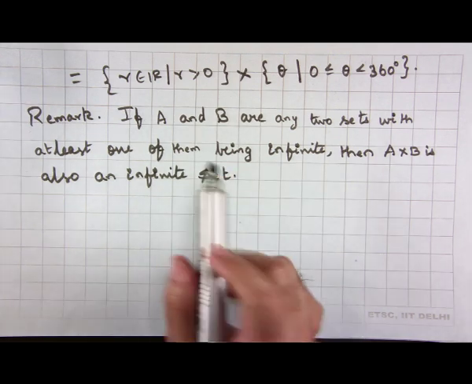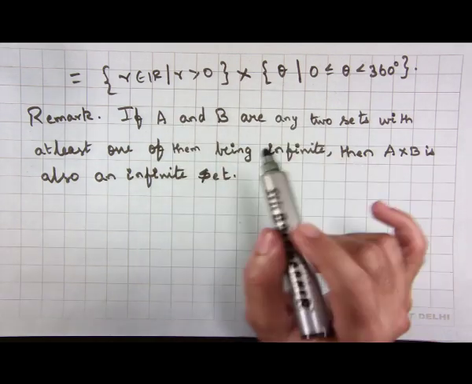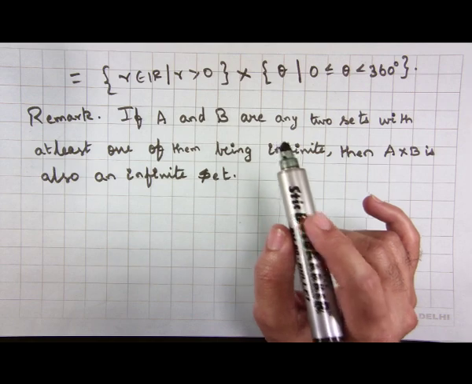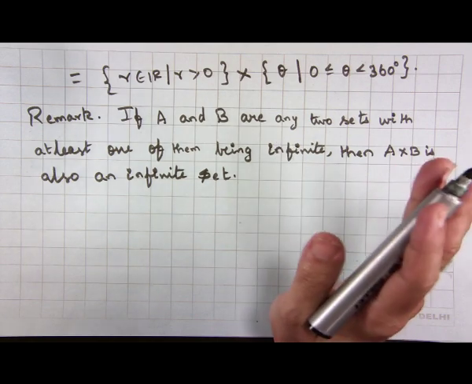In the earlier case, both the sets are infinite and therefore, the Cartesian product is also infinite.